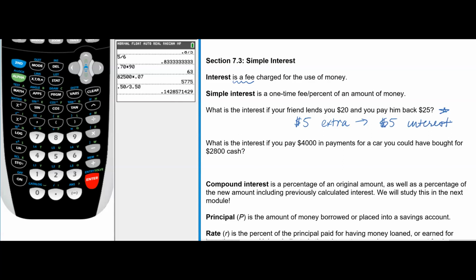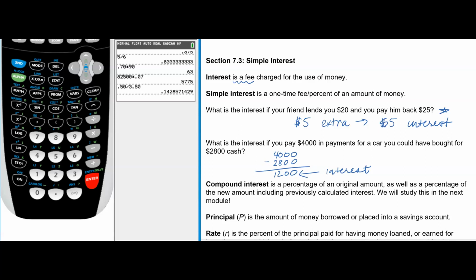What is the interest you pay if you pay $4,000 in payments for a car that you could have bought for $2,800 in cash? Let's just subtract those two numbers. If you paid $4,000, but really you could have paid $2,800 in cash, there's a $1,200 difference. So that's the interest that you end up paying for the service of being able to pay in payments instead of paying in full.